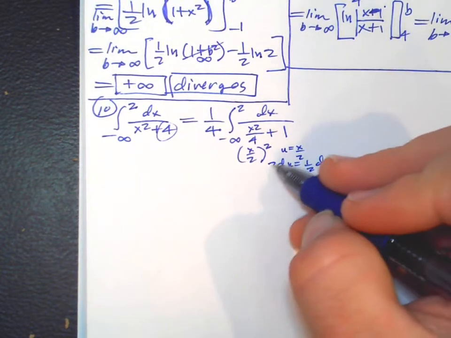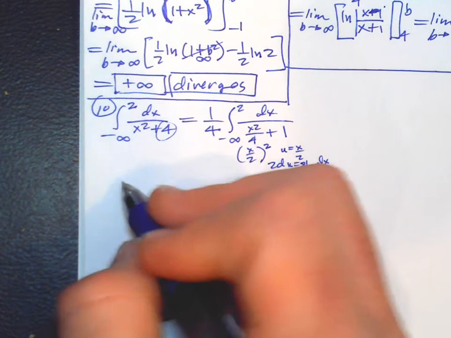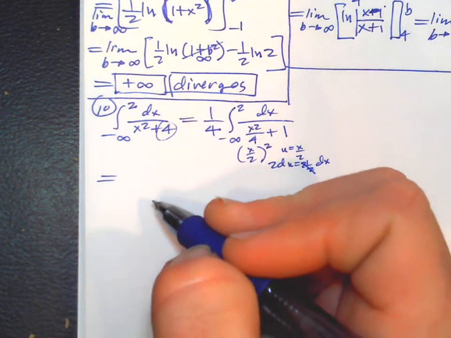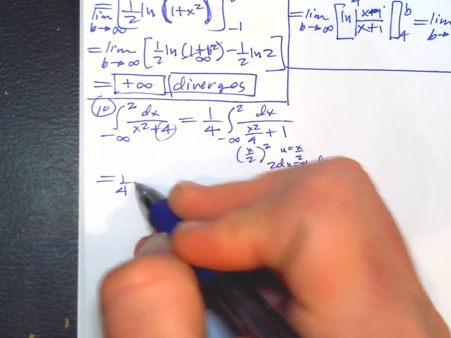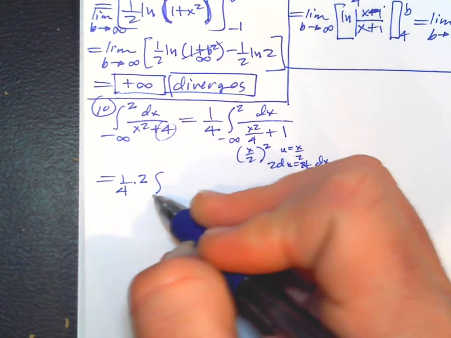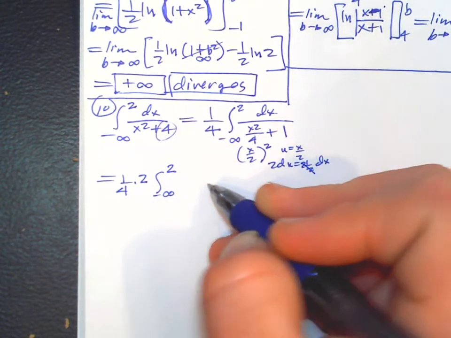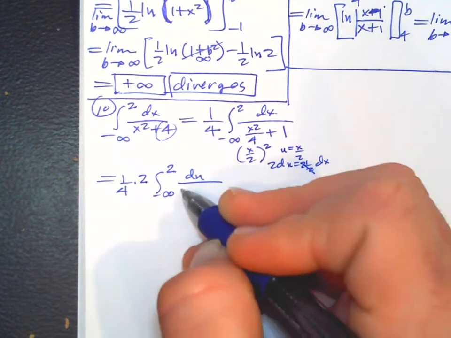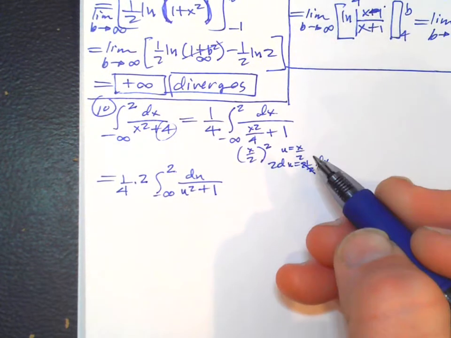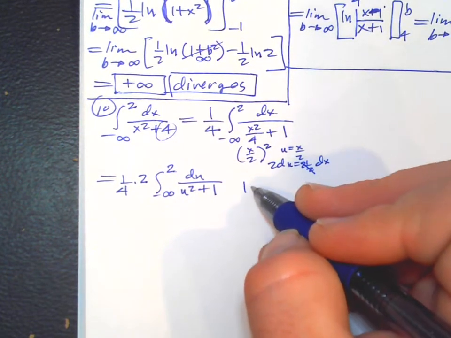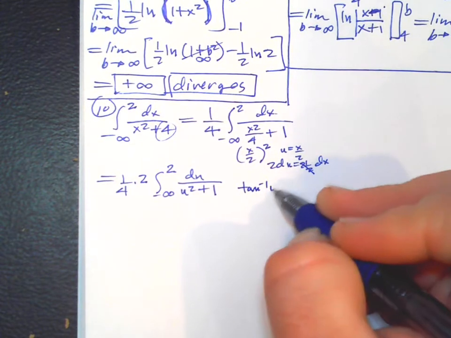Don't want the 1/2, multiplied by the 2. So we rewrite this as, we have a 1/4 in front already, and now a 2. And it's going to be du over u squared plus 1, which is going to be inverse tangent of u.